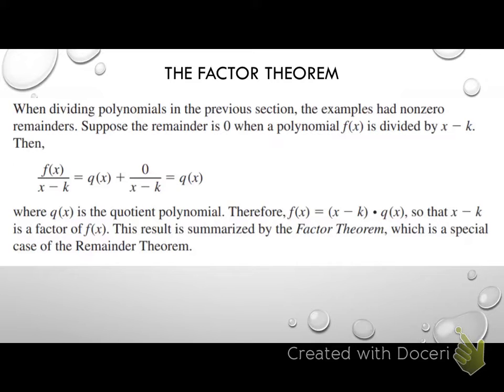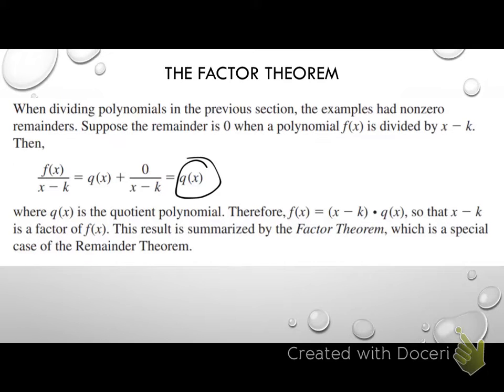So if my remainder is 0 when I divide my function by the divisor, x minus k, then I just get some polynomial. I don't have that fraction at the end of some number over my divisor. Right? Does that make sense?